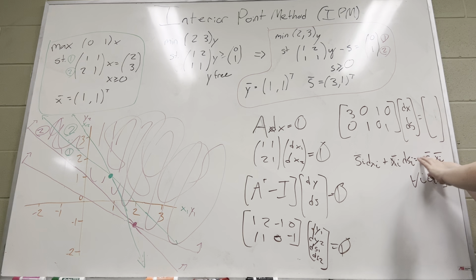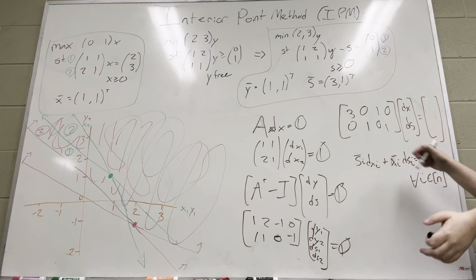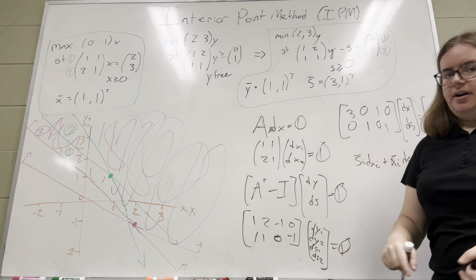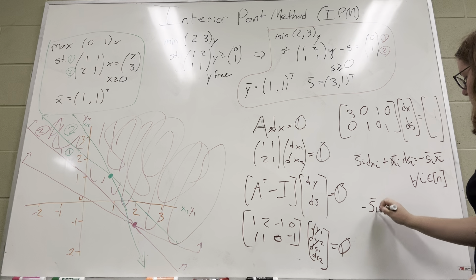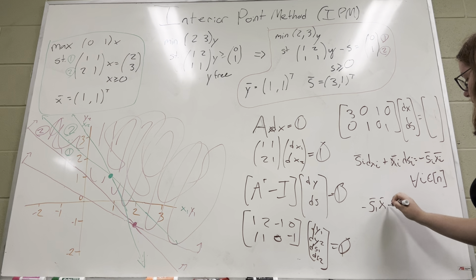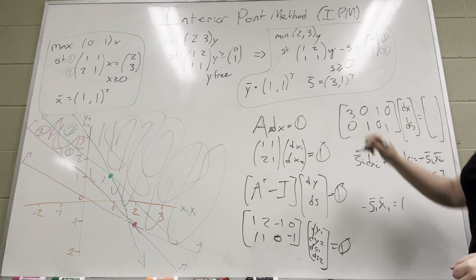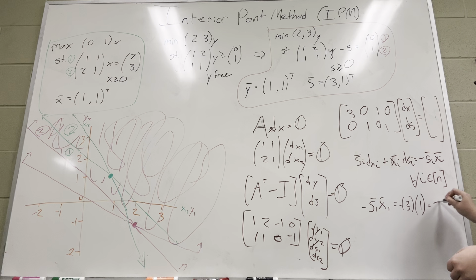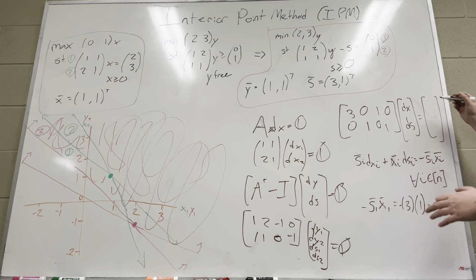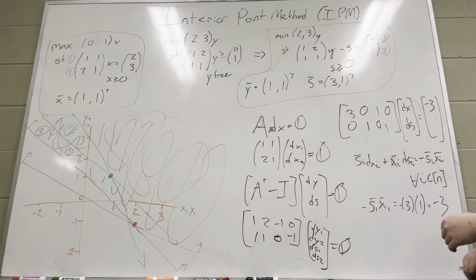This part needs to be negative s bar i, x bar i. So I know I have an s bar, and I have an x bar, so I have to compute this. So I'm looking for negative s bar 1, x bar 1, which is equal to, well, s bar 1 is 3, and I have my negative out in front, and my x bar 1 is 1. So this equals negative 3. So that's what I stick up here, negative 3, just like that.